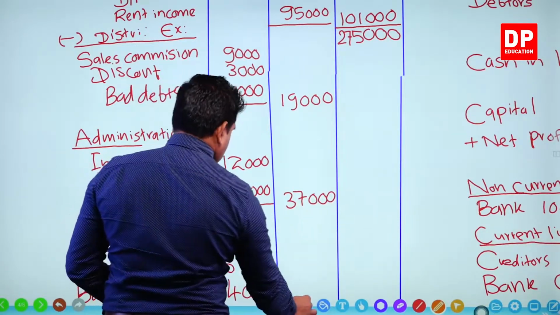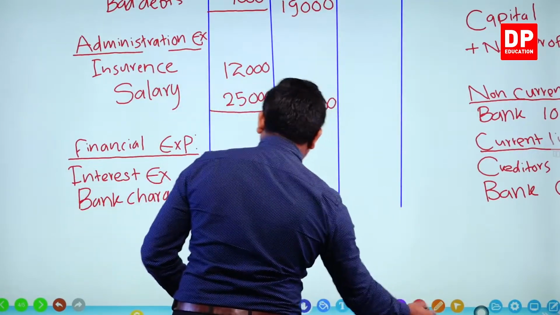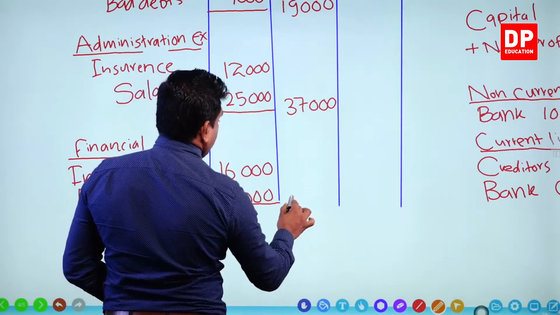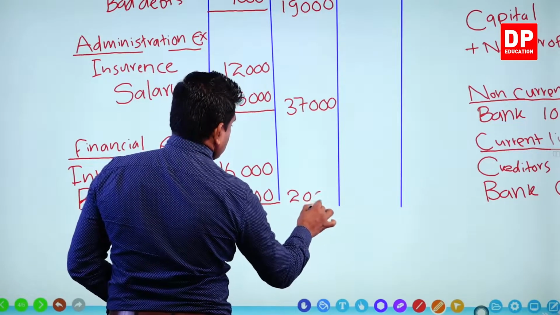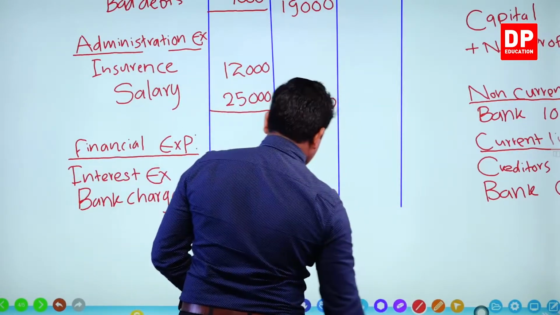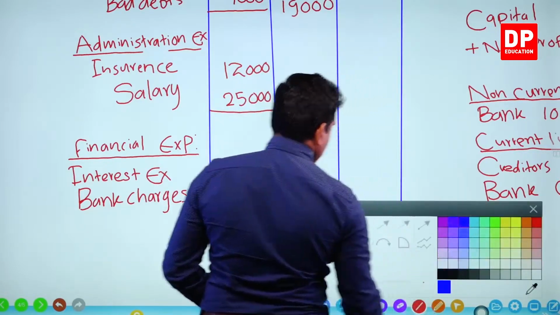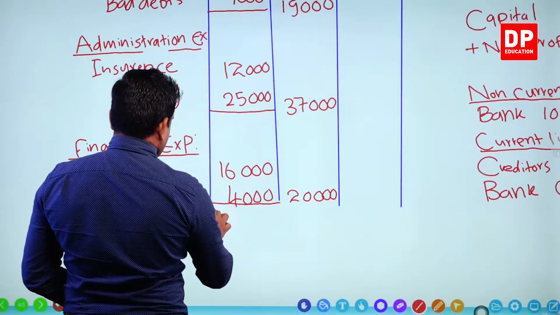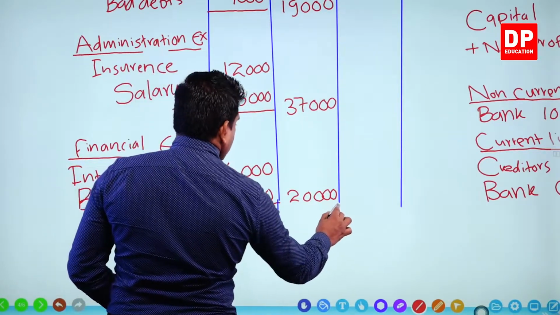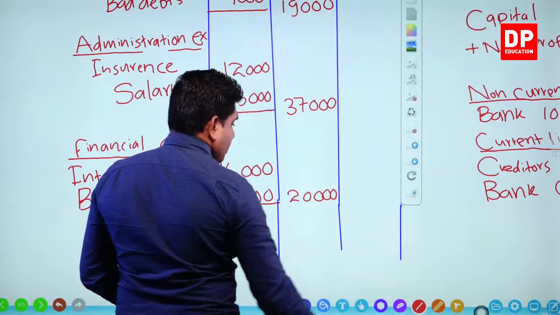Here 20,000, right? Then it's better if you can expand these columns a little bit. Why? Because we have to calculate the net profit, no?